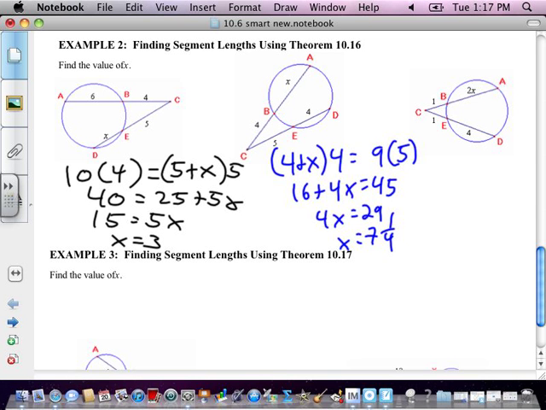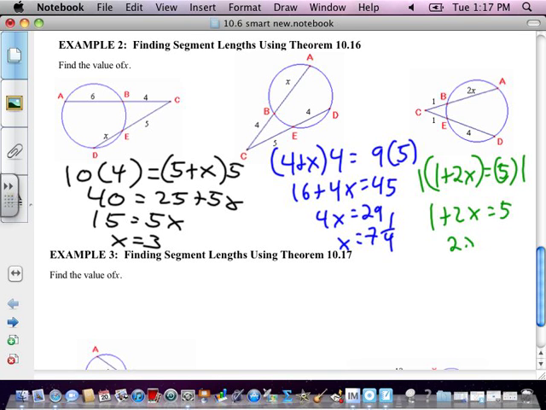How are we feeling about this? Okay. Let's do C. We're going to do 1 plus 2x times 1, because that's what's on the outside. Equals 1 plus 4 is 5 times what's on the outside? 1. So we get 1 plus 2x equals 5.